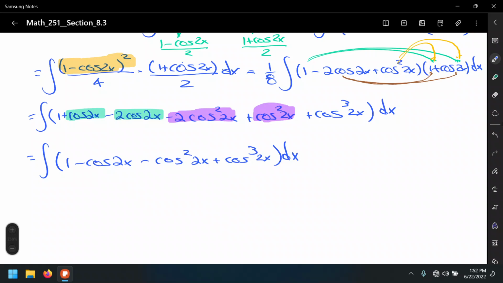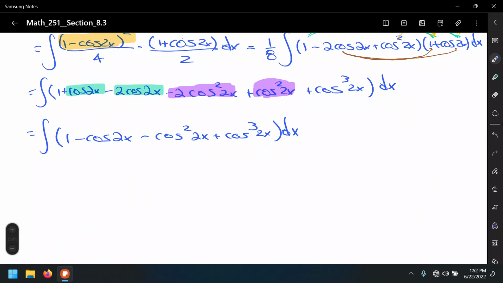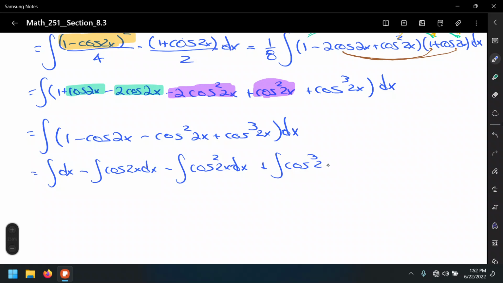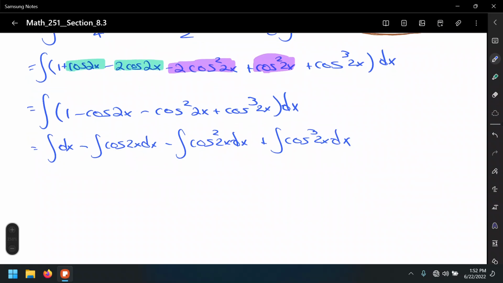Unfortunately, it's not the case. So what we're going to do then is the integral of dx minus the integral of cosine 2x dx minus the integral of cosine squared of 2x dx plus the integral of cosine cubed 2x dx.